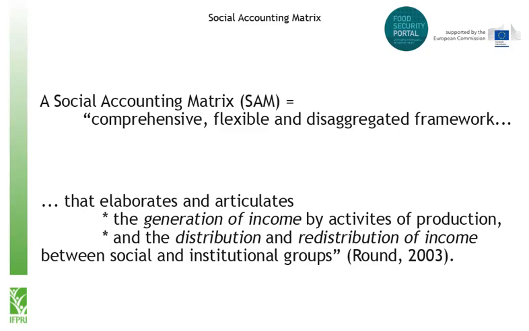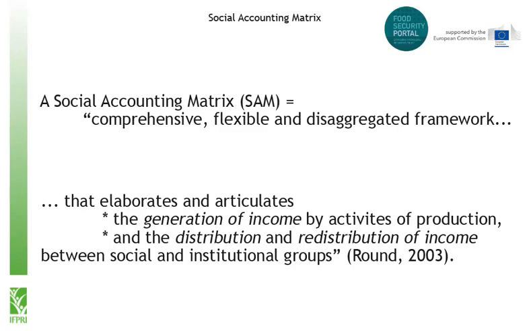And you have the redistributions of income, that is to say, when you have income in the hands of, for example, households, you have, in fact, taxes paid by households to the government, and you have redistributions of this income by the states to other social and institutional groups.